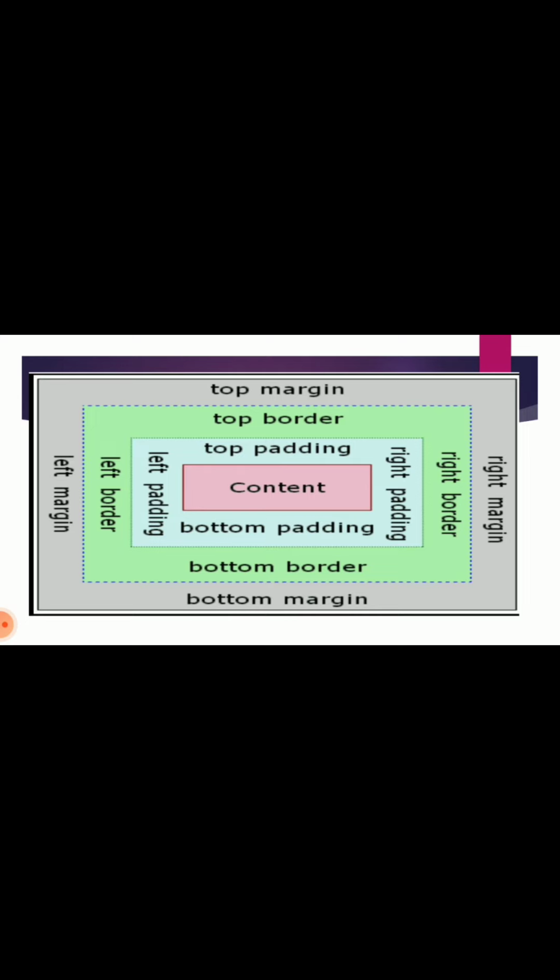Padding is transparent, and just gives a space between the border and the content. After that we can set border top, border right, border bottom and border left. The height and width of the content we can modify as we wish.